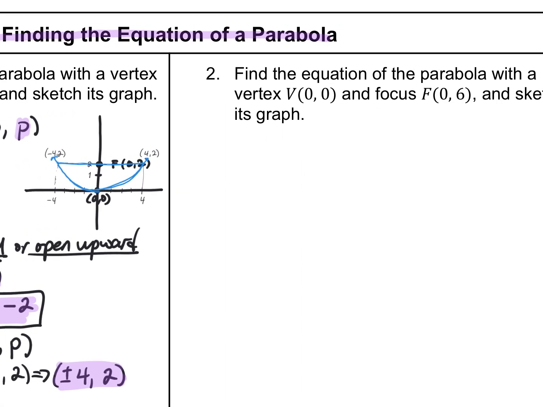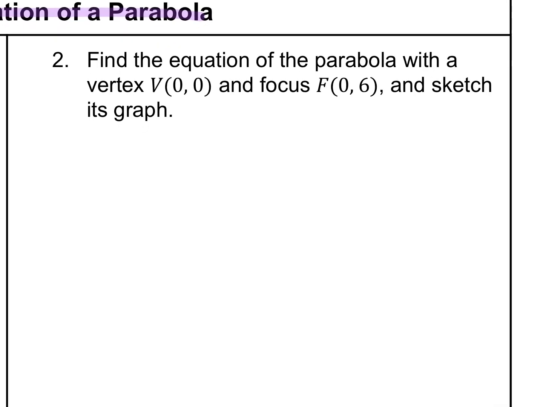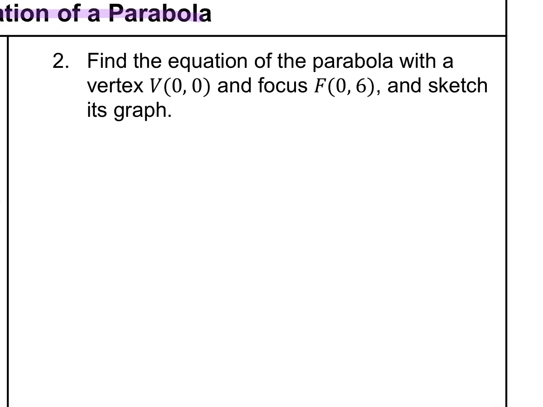Now let's do number 2. They are actually identical. Find the equation of the parabola with a vertex 0, 0 and a focus of 0, 6. Having said that, our focus is 0, 6, so 0, 6 is somewhere in here. This is going to be 0, 6. So it means our parabola will be opening up again.